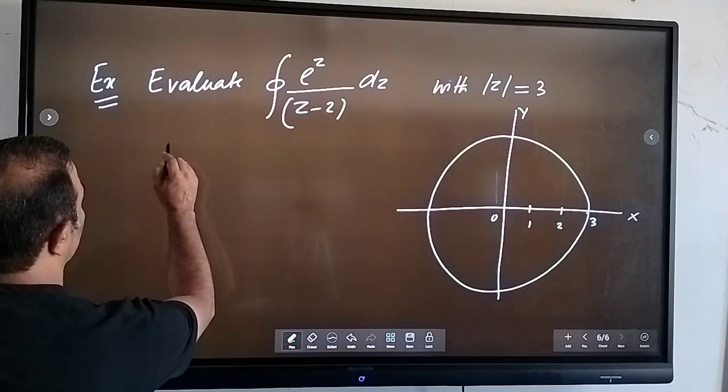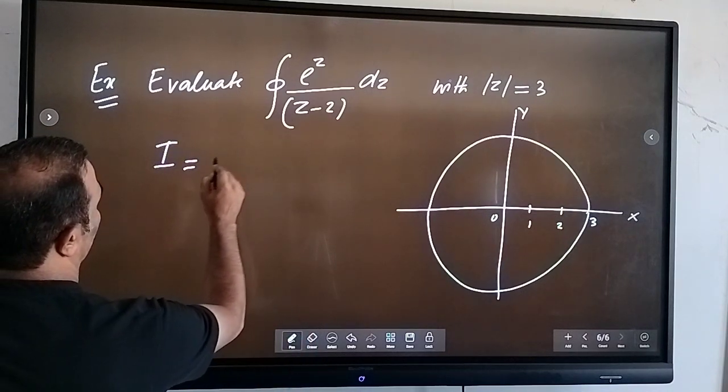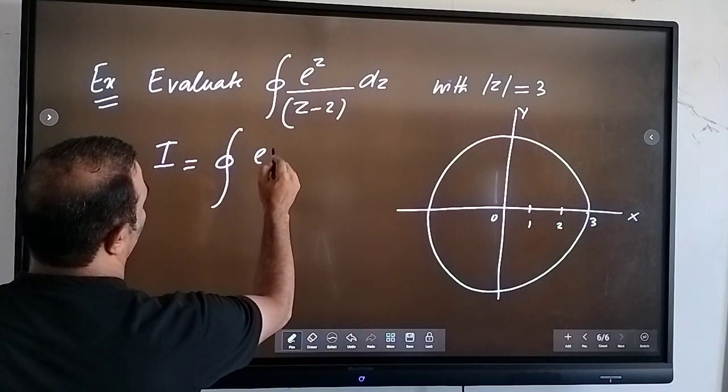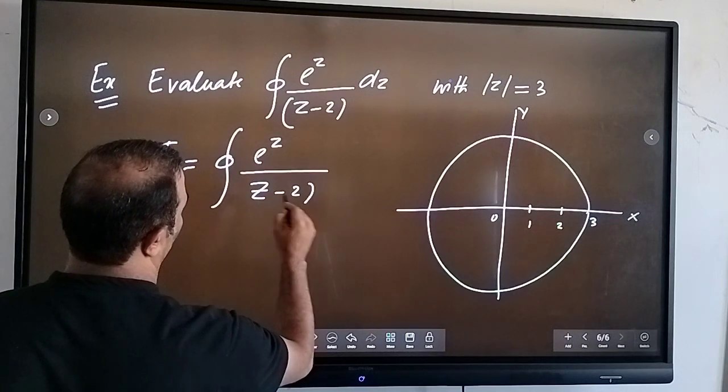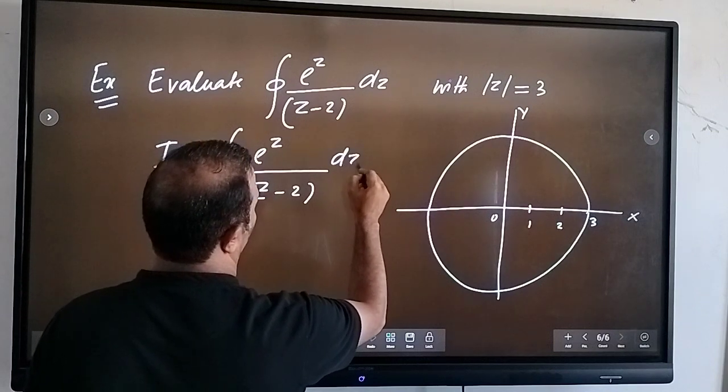Now we can write this integral as e power z, right? Okay.